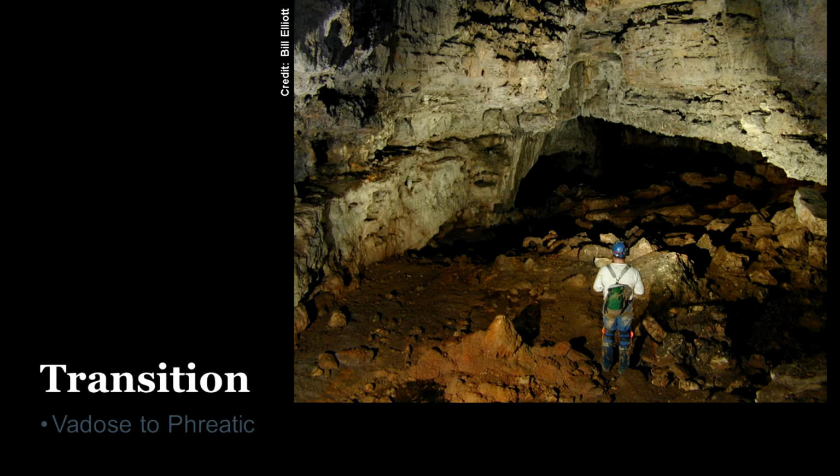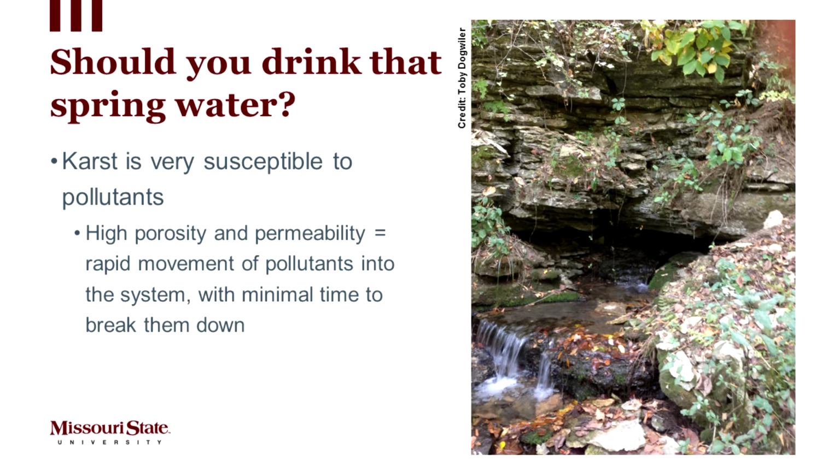But then you come into this big room, and as you go down toward the bottom of the room where the person in the photograph is facing, you see that more tubular cross section. It's not the perfect oval like the previous picture, but it's a more tubular cross section. I think this is the area where we had the transition of water from vadose to phreatic in this system when it was actively forming.